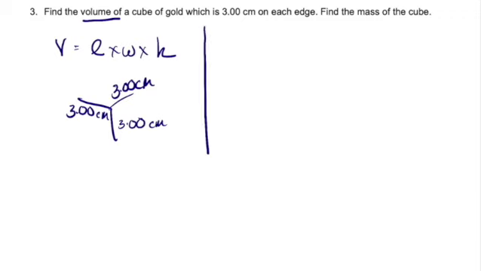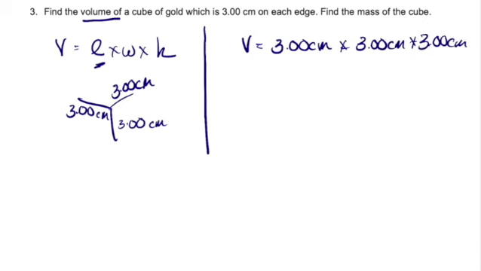So I'm going to use the volume formula as a template to calculate volume. For length, I'm going to use 3.00 centimeter. For width, I'm going to do the same, 3.00 centimeter. For height, 3.00 centimeter.